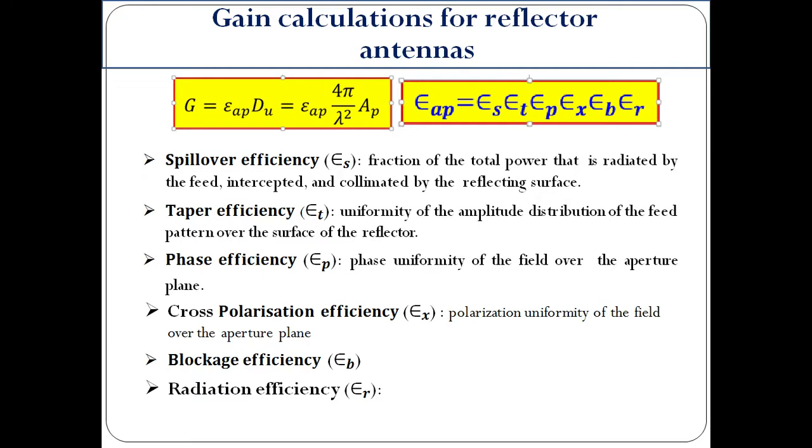Epsilon A is equal to epsilon P into epsilon X into epsilon B. It is called the aperture efficiency.